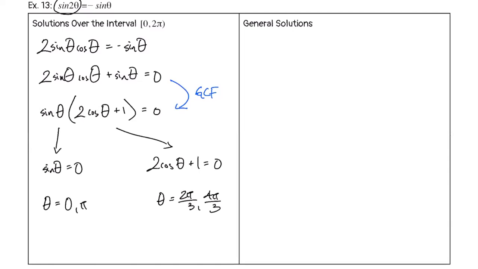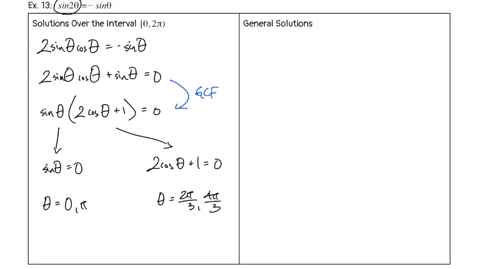Now I know I didn't write out every step here, so let me give you a moment to make sure you connected the dots between what I wrote down first and what I wrote down at the end. Okay. Now from here, I see that I have 4 solutions.